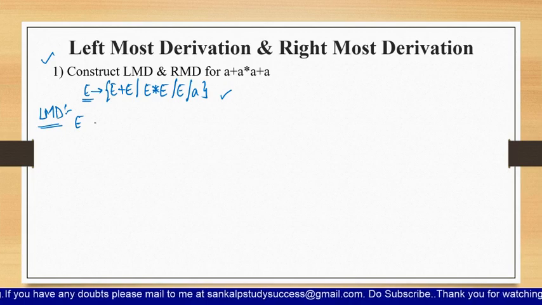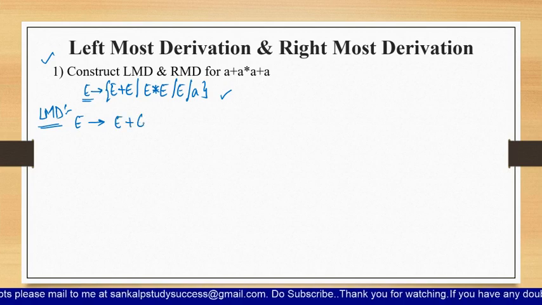Now E tends to, we need to consider any one of the productions from E, right? So let me consider E tends to E plus E. Now if you observe, both the E's are non-terminals. So in the leftmost derivation, we are going to substitute for the leftmost capital E, right? So for the leftmost capital E, what do we need to substitute?